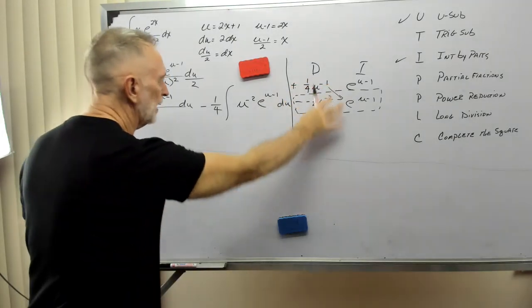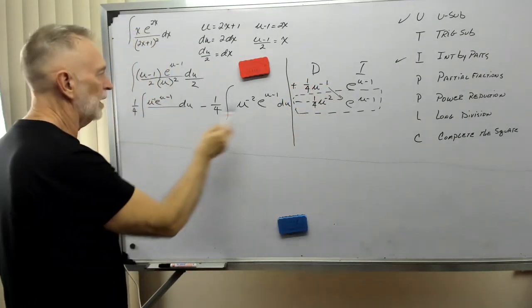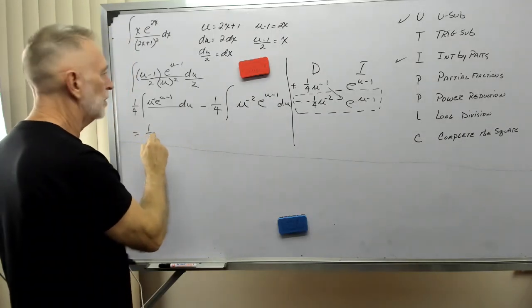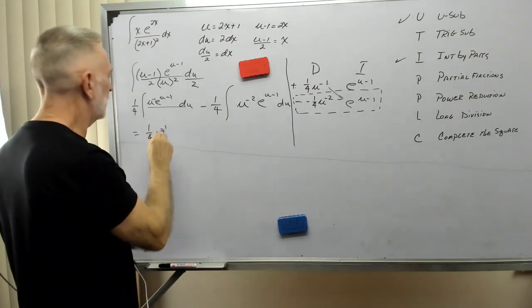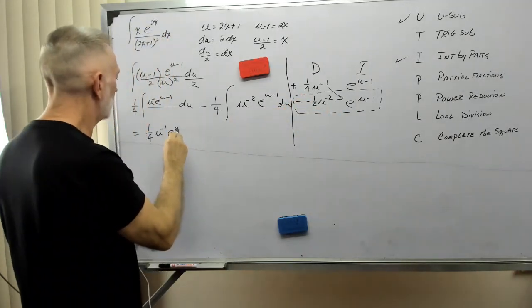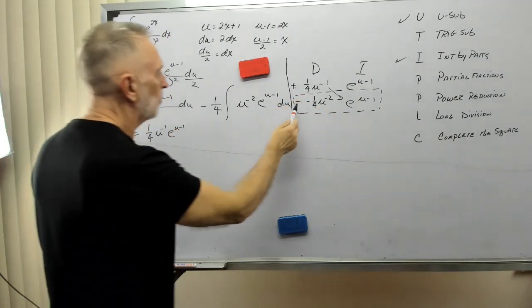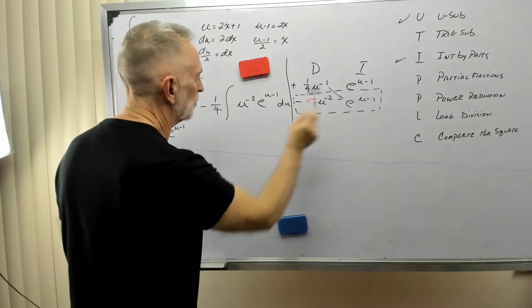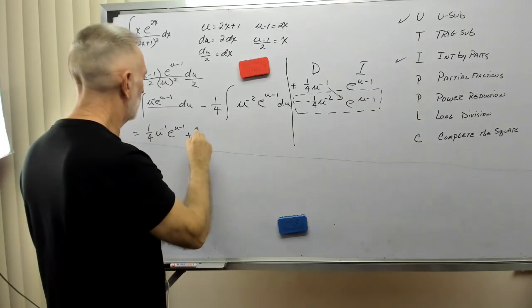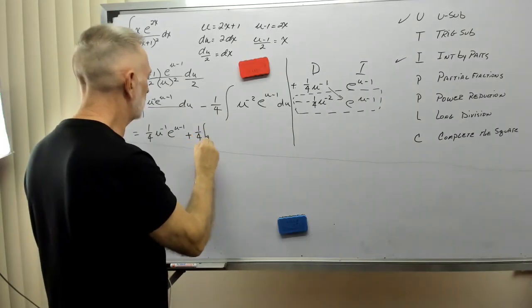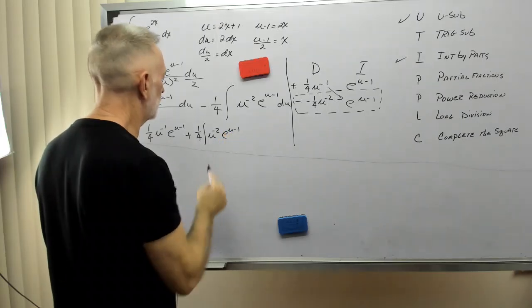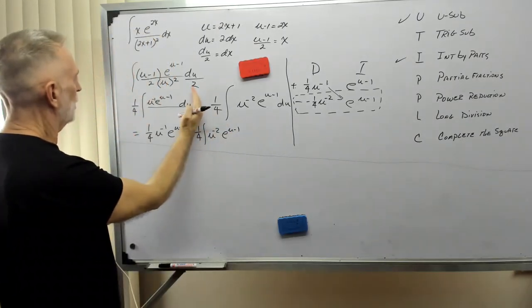Let me just write this out. What do I have? I have 1/4 u to the negative 1 e to the u minus 1. Negative times positive is a positive, plus 1/4 the integral of u to the negative 2 e to the u minus 1. That's what this equals.